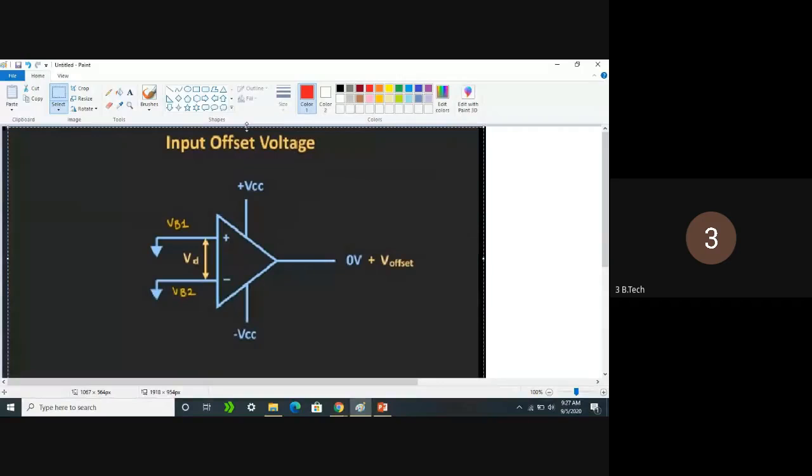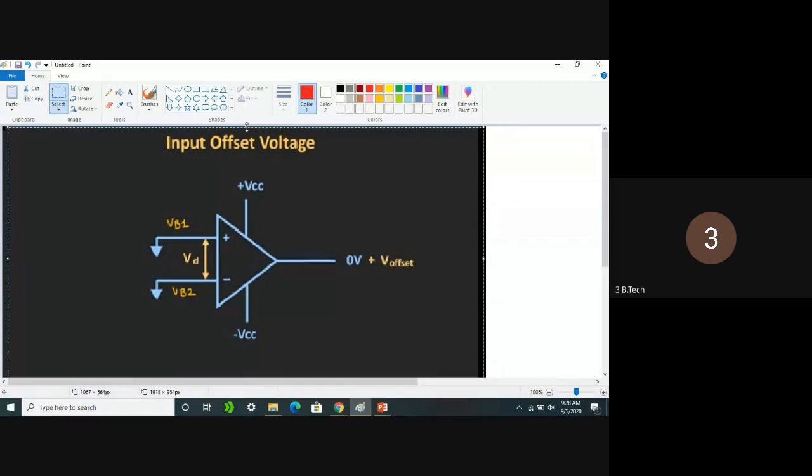A differential amplifier means we are using two transistors, Q1 and Q2. As the operational amplifier is BJT based, the transistors we use while constructing it are simply BJTs, whether PNP or NPN.